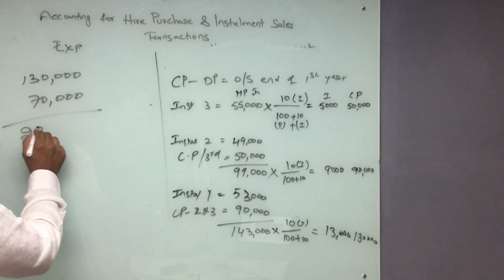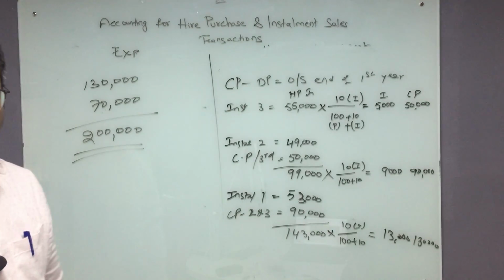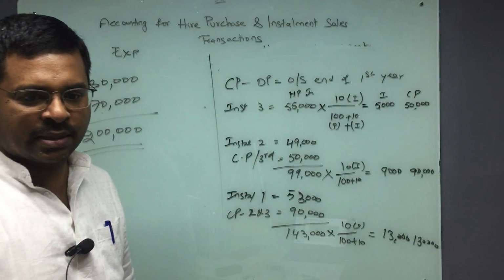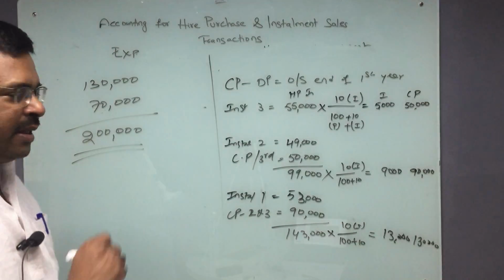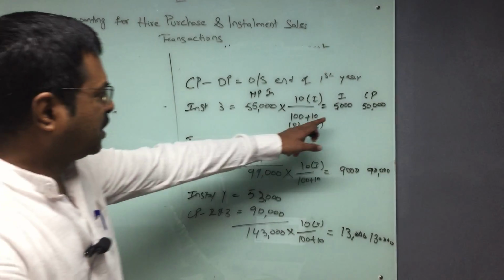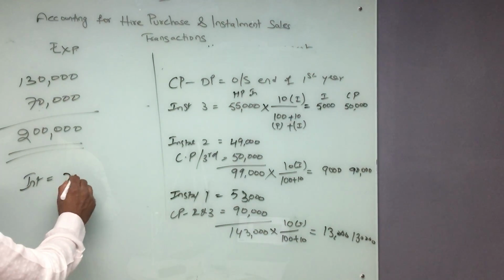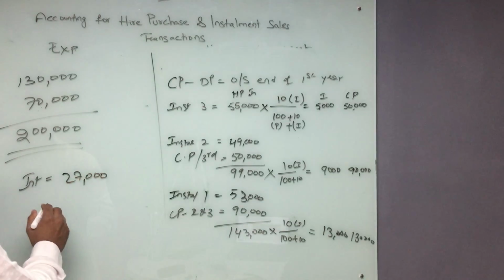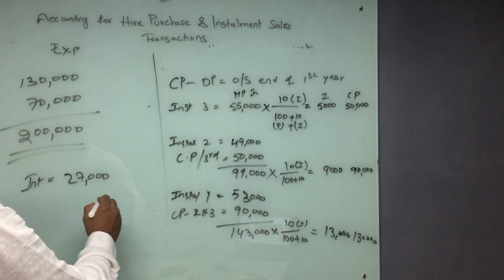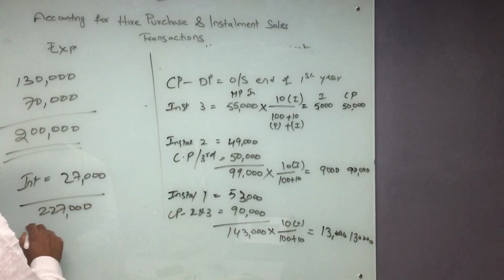So the total cash price of the product is 2 lakhs, and the interest is 5,000, 9,000 and 13,000. So 27,000 is the interest. So if I add up all the installments, 2 lakh plus 27,000, this comes to 2,27,000.